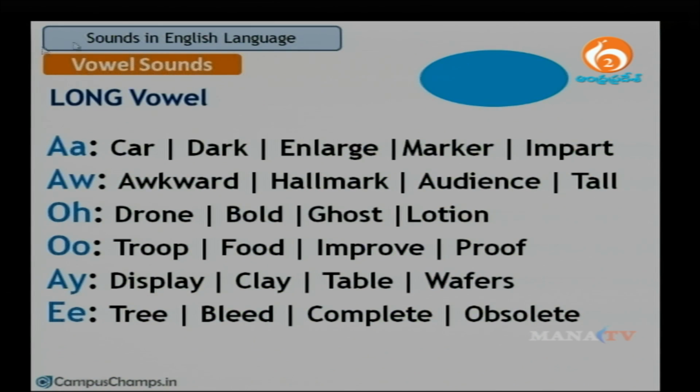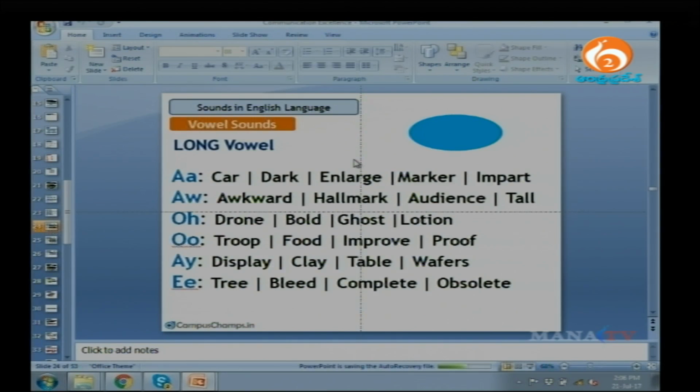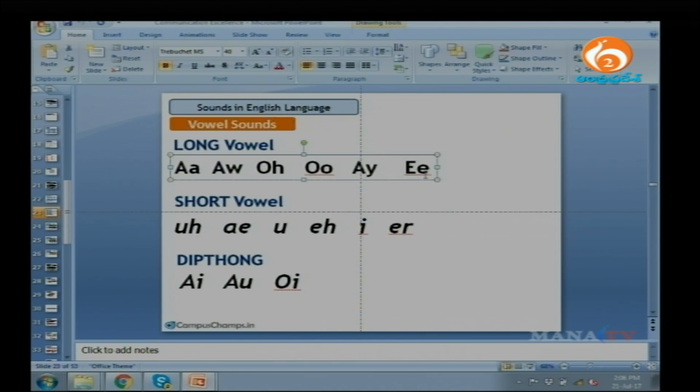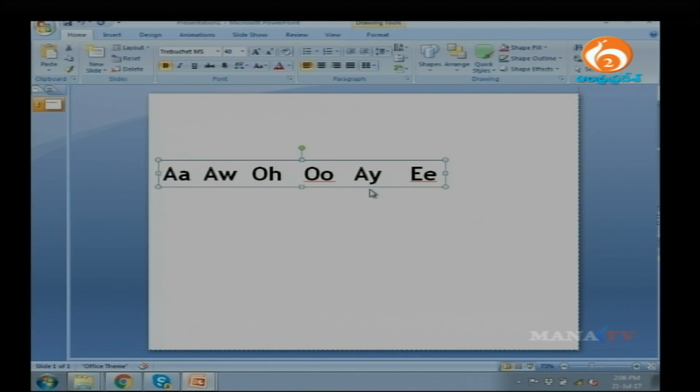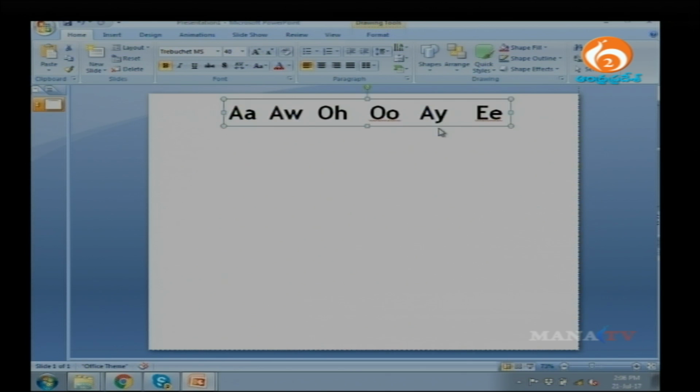Now, where do people make mistakes in terms of long vowels? Let me give you quick examples for these. So, these are the long vowel sounds that we have in the English language.